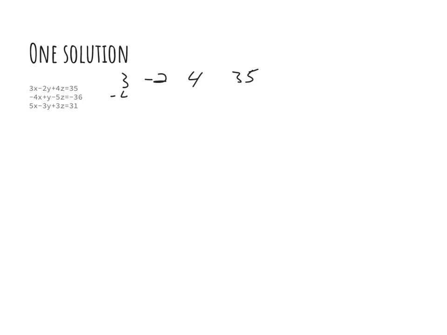For the second one, I've got a negative 4, a positive 1, a negative 5, and a negative 36. I've got a 5, a negative 3, a positive 3, and a 31. So notice how when they were positive, I kept the numbers positive. If it was a minus, I brought it with and made it a negative.